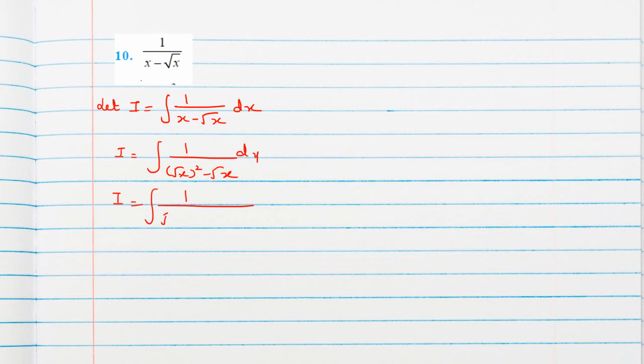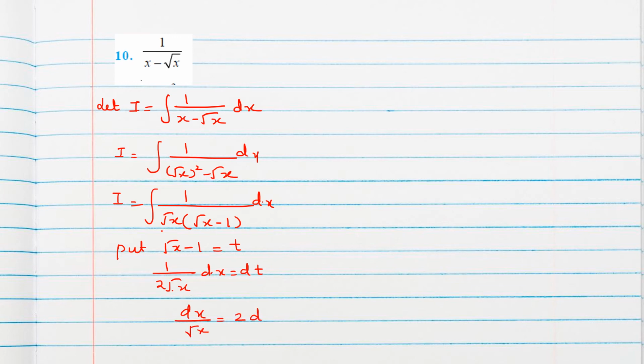So root x minus 1 will remain in the bracket. Now we can do the substitution. Put root x minus 1 as t. So 1 by 2 root x dx will be dt. So see, one expression we got from the question, dx by root x. 2 should not be there, so this 2 will shift to the other side of dt.